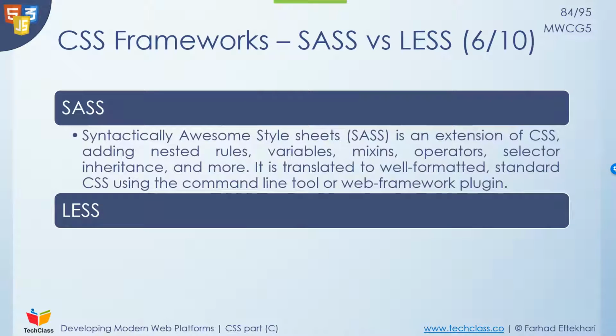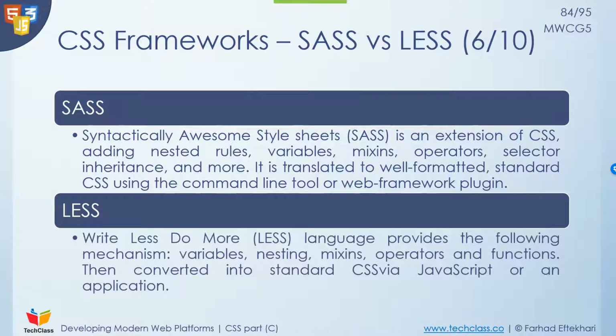So Sass, which stands for Syntactically Awesome Style Sheets, is an extension of CSS, adding nested rules, variables, mixins, operators, selectors, inheritance, and more. It is translated to well-formatted standard CSS using the command line tool or web framework plugin.